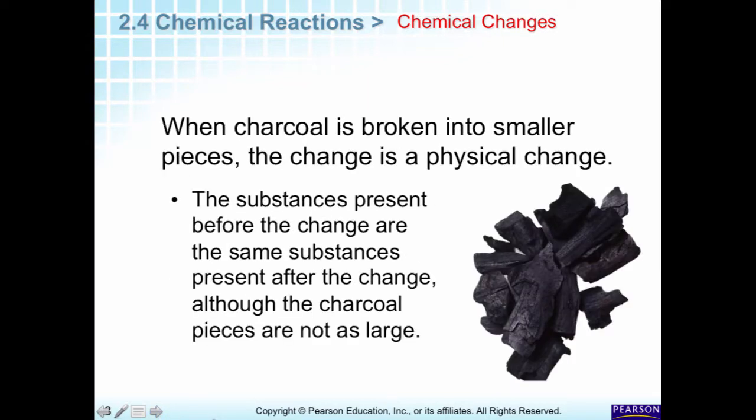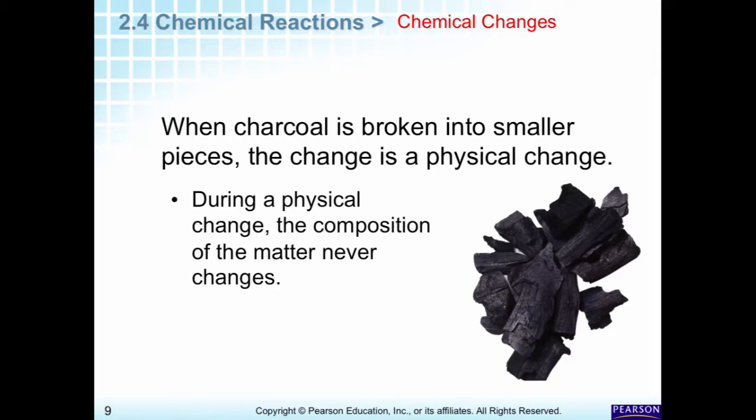For instance, let's look at carbon. If we have a big chunk of carbon and we grind it up or break it up into smaller pieces, it's still carbon. Okay, it's not been changed. It's just been physically ground. It still has carbon elements in it, okay?